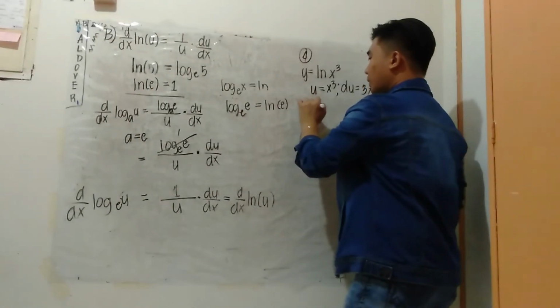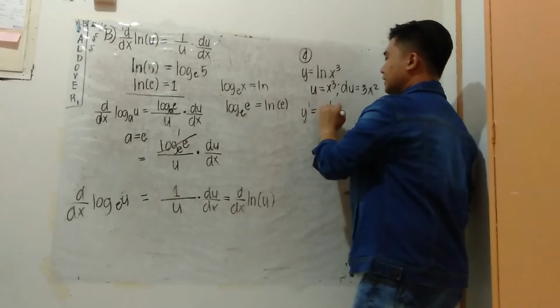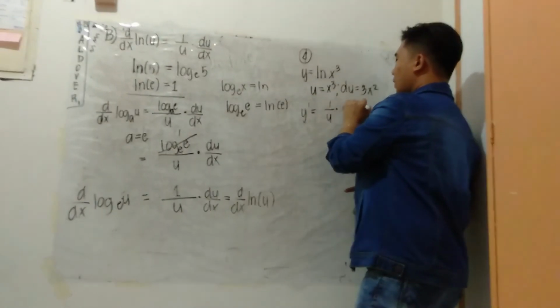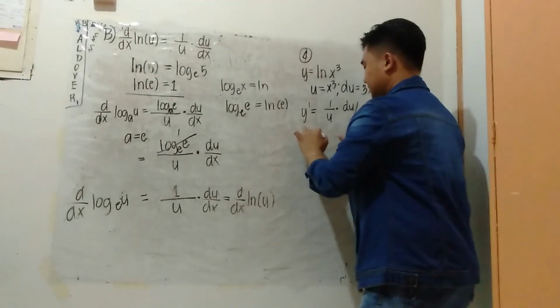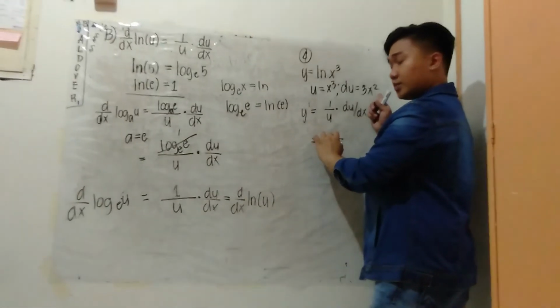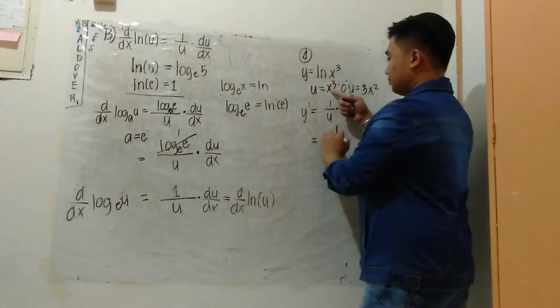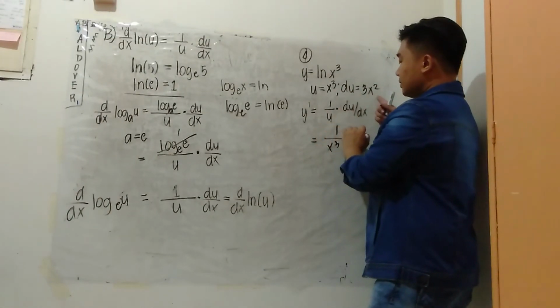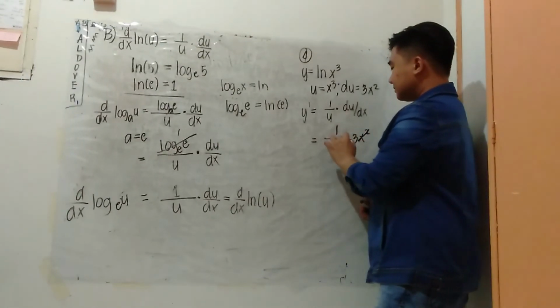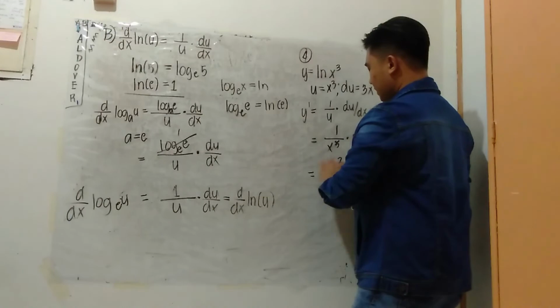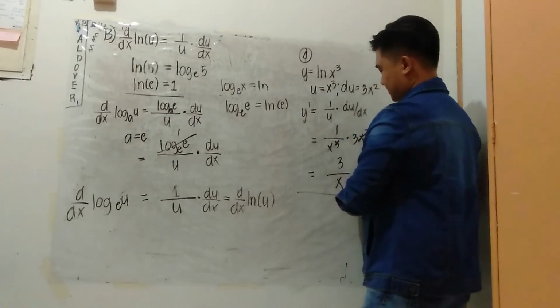If you are looking for y prime, isn't that 1 over u times du over dx, or the derivative of u with respect to x? What is u? x cubed. What is du? 3x squared. So, we just cancel. This is equal to 3 over x.